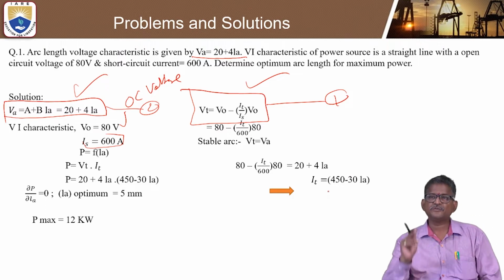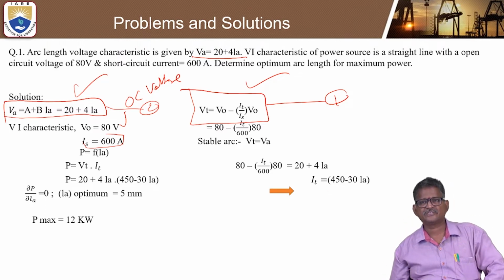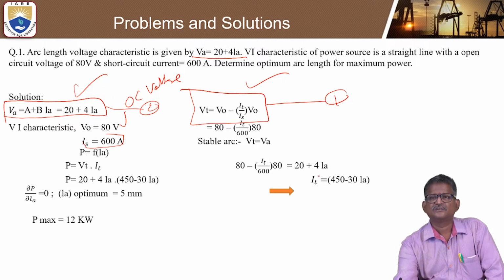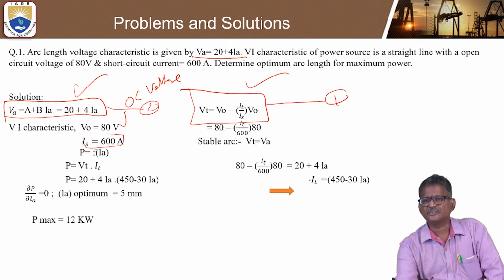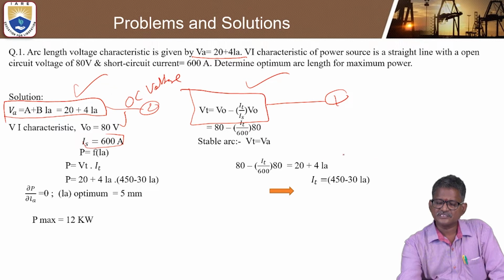With this you can determine It. The current should be determined, and It comes out to 450 minus 30 into La after you simplify the equation.